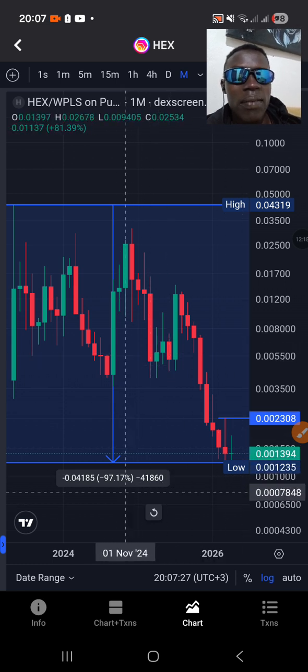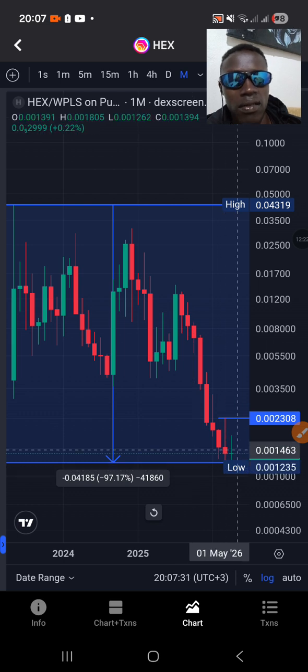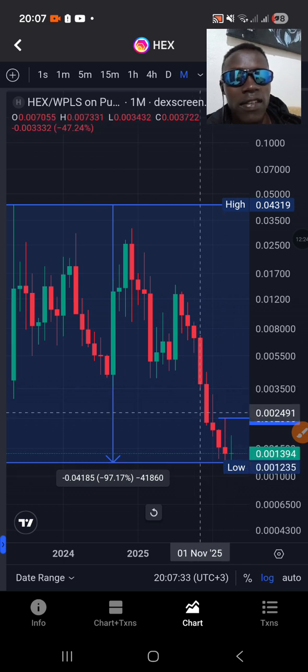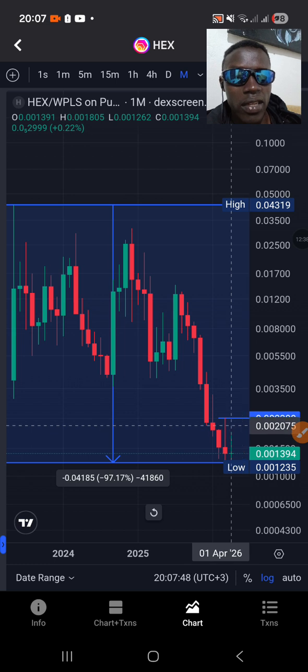Actually, this 97% drawdown is a very big discount in this asset. We might never see this again in this market. So this is what is happening. HEX is not dead. HEX is still living, and it is actually doing well. As much as the price is down like this, people are still earning more interest.